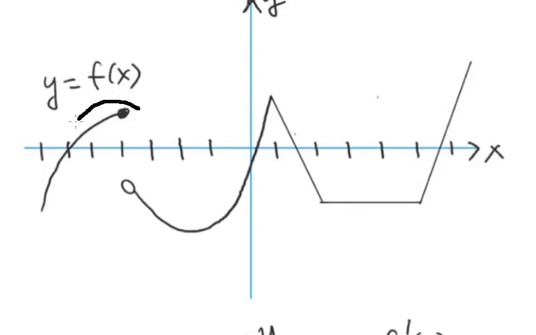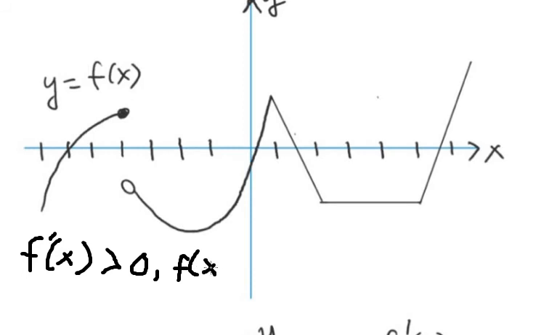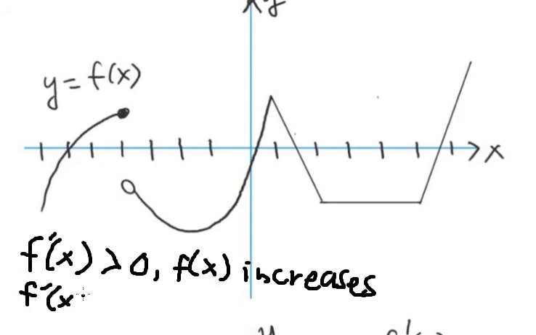If we look carefully at this one, this is increasing. So we have the formula in here. When the first derivative of the function is greater than 0, that means the function increases. When the first derivative of the function is smaller than 0, the function decreases.